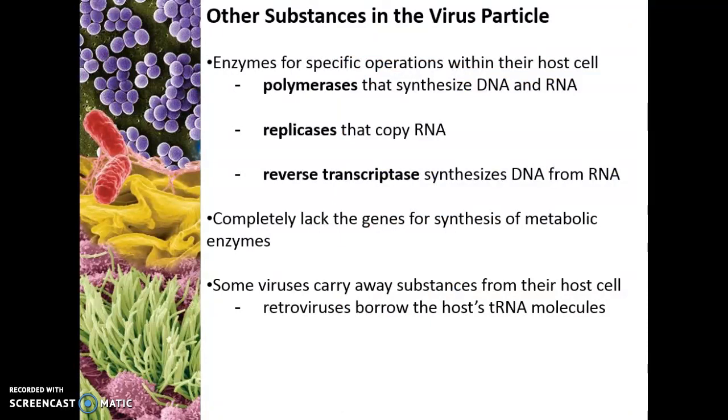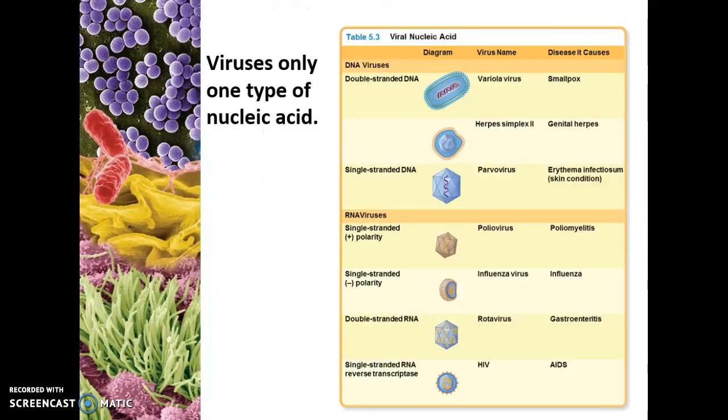Now, another piece of information real fast going back to this slide. The amount of genetic material in a virus can vary greatly. So, for example, E. coli, a nice example of a bacteria cell, has around 4,000 genes.